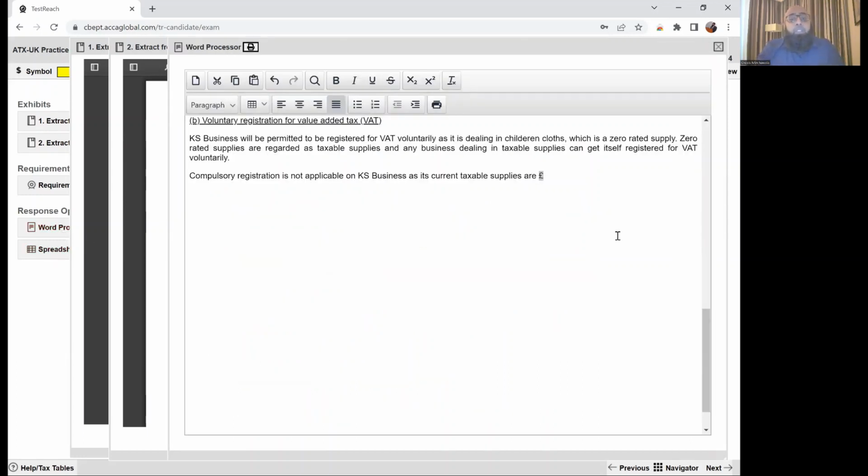Compulsory registration is not applicable on KS business, as its current taxable supplies are 48,000 pounds, which is below compulsory registration limit of 85,000 pounds that is given as its current expected, because he hasn't started the business yet.